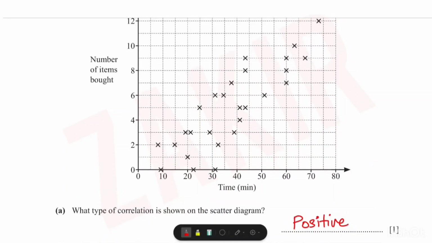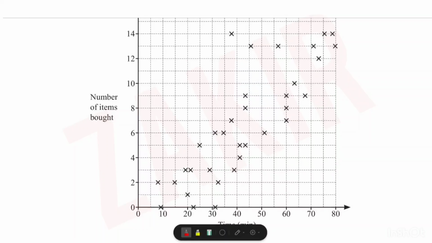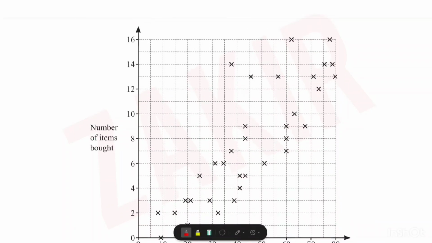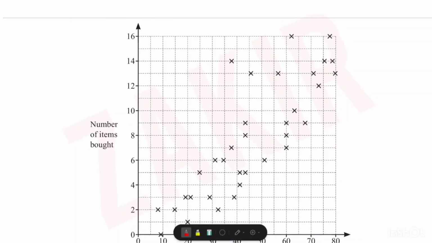So if 30 minutes, six items, or maybe up to five items. We see somebody spends 50 minutes, so you can see that in the 50 minutes range, 14 items are sold. In the 80 minutes range, when more time is spent, the number of items goes to 16.